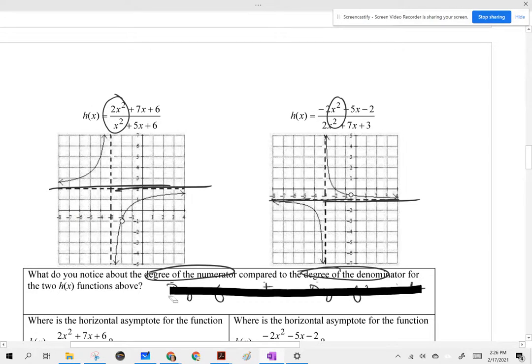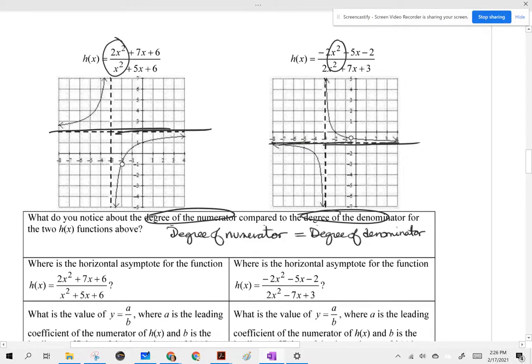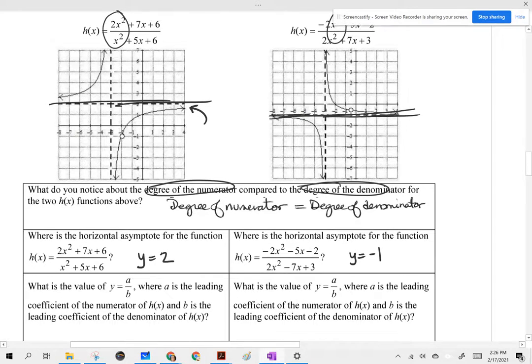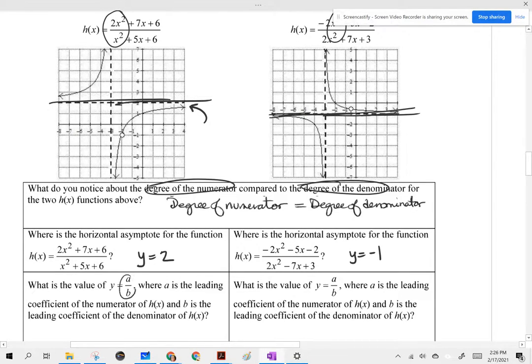All right, so hopefully you were able to determine that the degree of the numerator is the same as the degree of the denominator. So in this particular function h of x, where is the horizontal asymptote for the function? So we can look at that, and that's going to be at y equals 2. And then in this one, it looks like y is equal to -1. And so now they're asking us, what's the value of a over b if a is the leading coefficient of the numerator and b is the leading coefficient of the denominator?